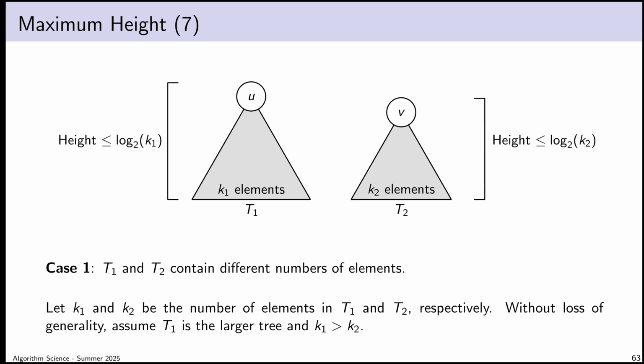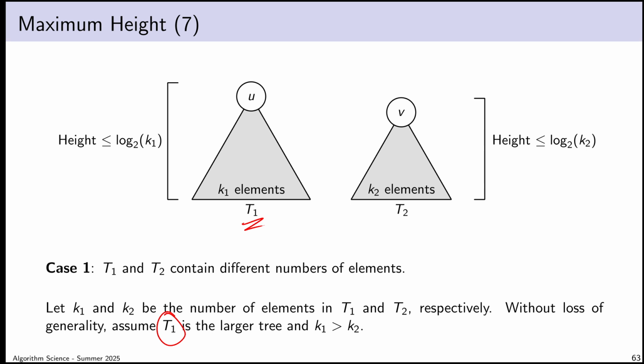So without loss of generality, because we know one tree is larger than the other, let's say that T1 is the larger tree. In other words, go find me the larger of the two trees and name that one T1. You have to be careful when we say this, but here I have done nothing else to distinguish these two trees. I say they have different numbers of elements, and I am now choosing to label the larger one T1, just so it's easier to talk about it.